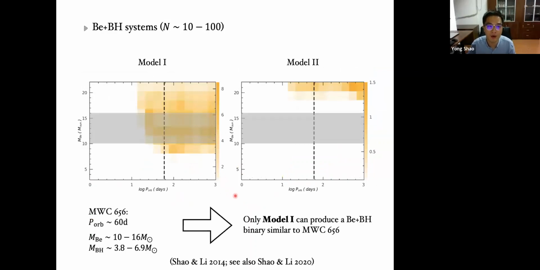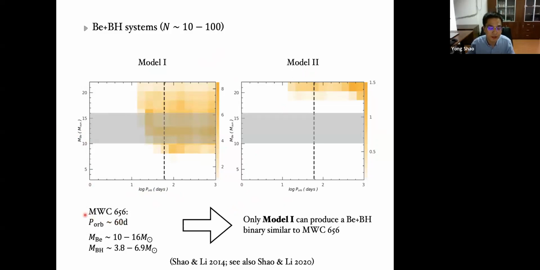For B plus black hole systems, this number is expected to be of the order of 10 to 100. And these two diagrams show their number densities in the orbital period and B star mass plane for models 1 and 2.